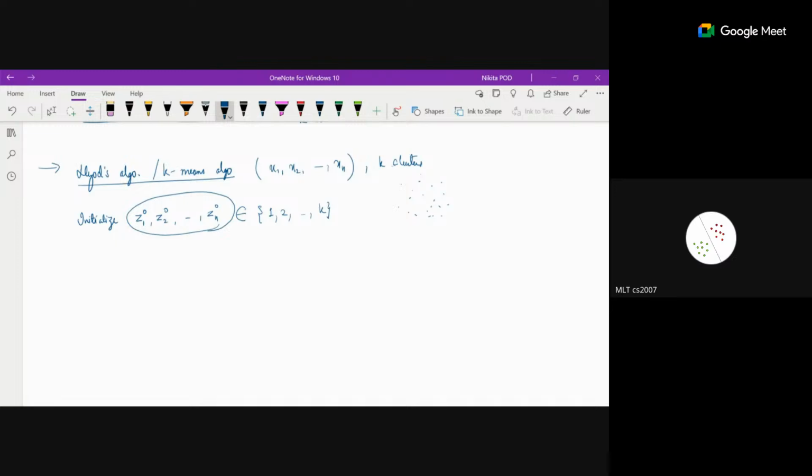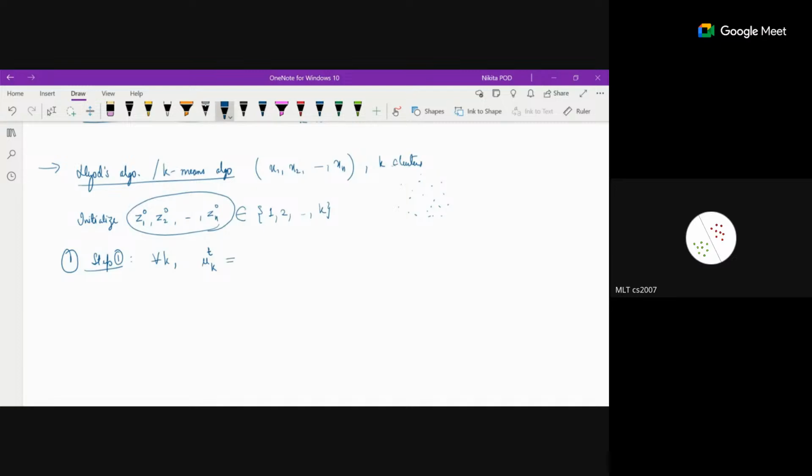Now, once you have randomly assigned, the very first step of the algorithm, step 1, is that we compute the mean of each of these clusters. For every k at any tth iteration, where t denotes the iteration, I will compute the mean of the kth cluster at the tth iteration.